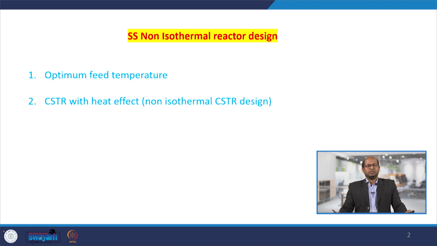Inside the reacting mixture, conversion, yield and product selectivity will be affected when we change the feed temperature from 25 to 30 or 35 degrees centigrade. That is what we will discuss.